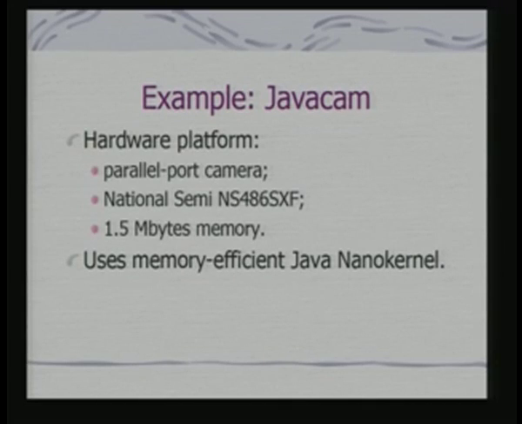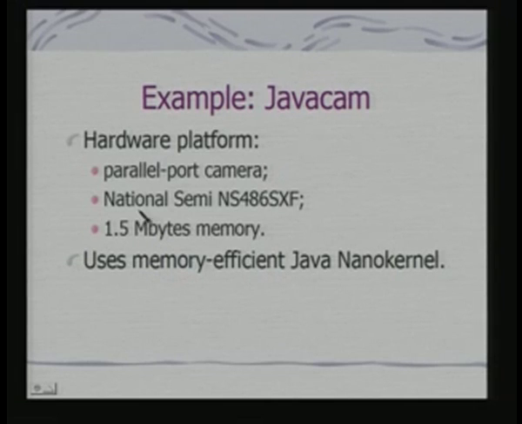Let us take an example, a Java cam, that is a remote visualization. In fact, today you get more sophisticated systems. You get cameras which you can control. It can do pan tilt control over the internet. This is a very simple, straightforward implementation around a processor which is a classical 486 processor, which can support about 1.5 megabytes of memory, and it has a parallel port interface.